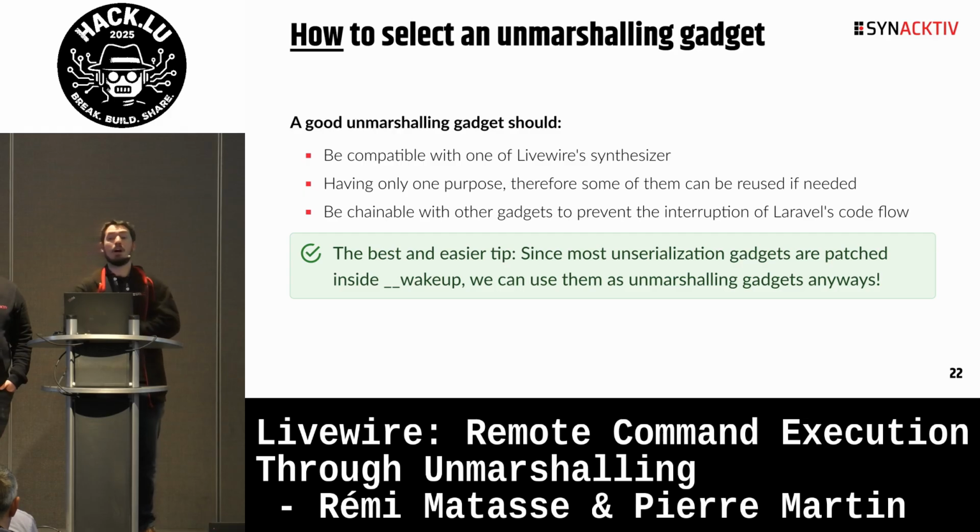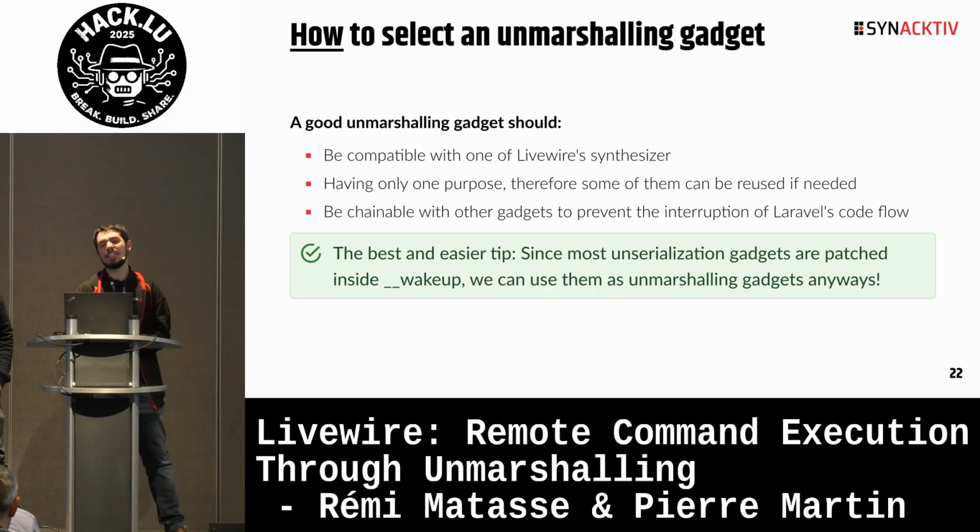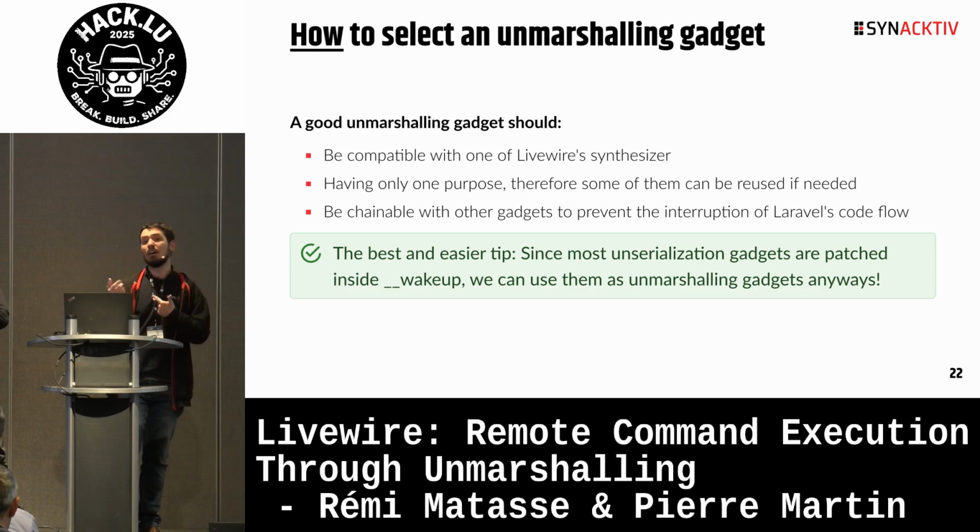So now, how do we select an unmarshalling gadget? A good unmarshalling gadget has to have three main properties. First one is to be compatible with one of Livewire's synthesizers. As explained by Pierre earlier, we will trigger unmarshalling from the synthesizers themselves, so they have to be compatible with them. It also needs to have one purpose, so we will be able to swap them with each other, and so to be able to have a full working chain.